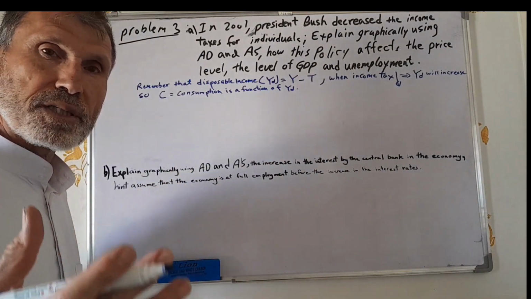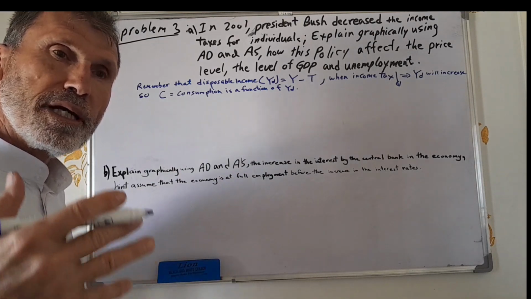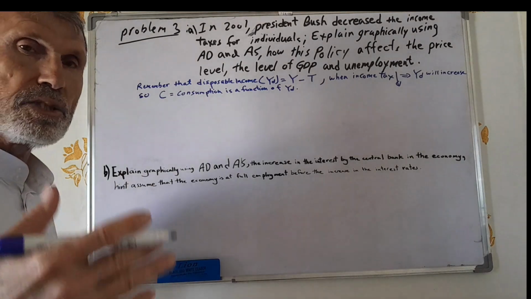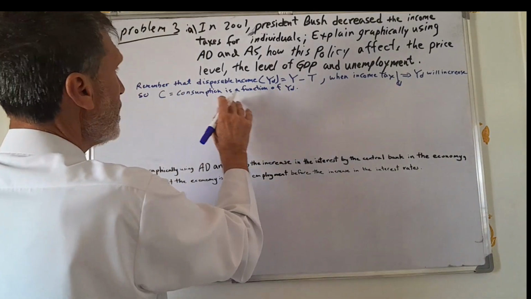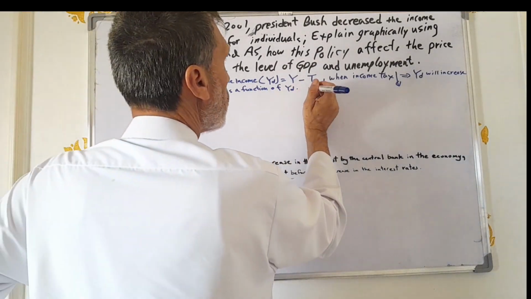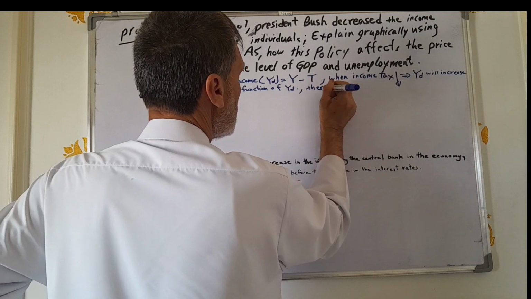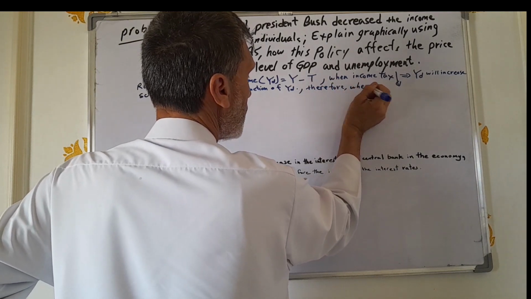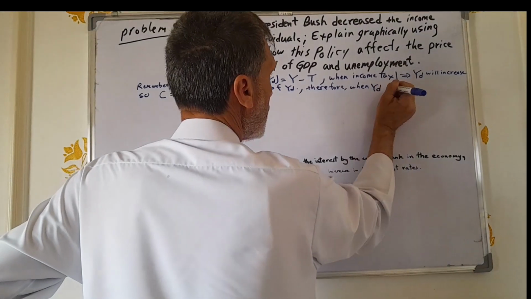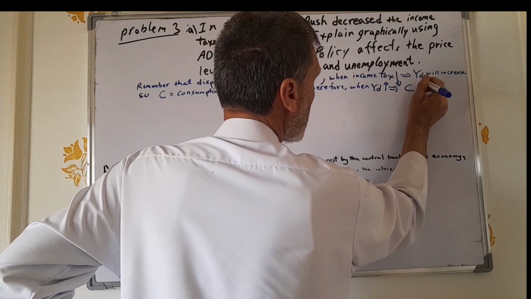When your income after taxes is higher, that implies your spending will be higher. That is, your consumption will be higher. So consumption is a function of YD. So when YD increases, that implies C increases.